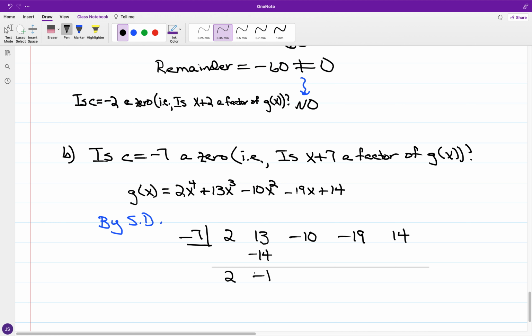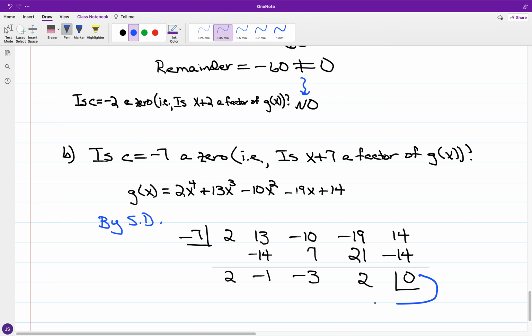And we got negative 7 times negative 1 is a positive 7. Negative 10 plus 7, we have a negative 3. Now negative 7 times negative 3 is going to be a positive 21. Negative 19 plus 21, that is going to be 2. Negative 7 times 2 is negative 14, and 14 minus 14 is equal to 0.